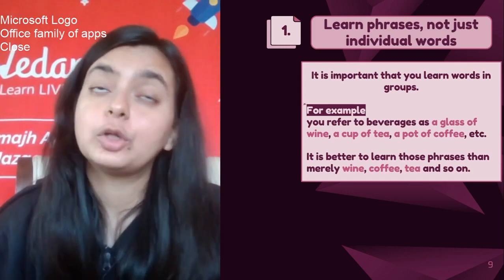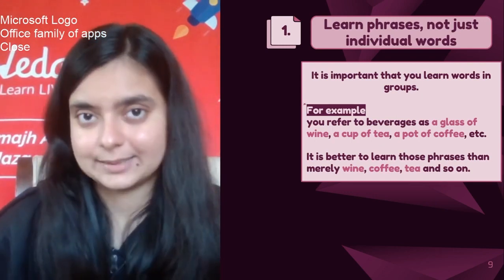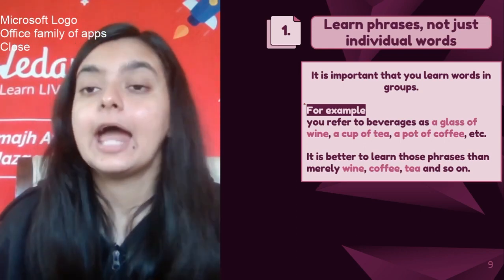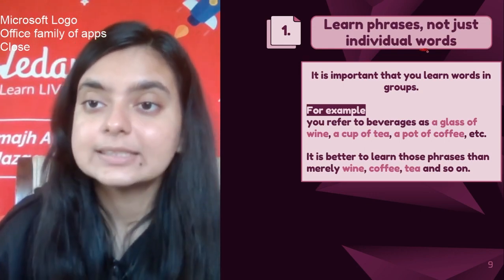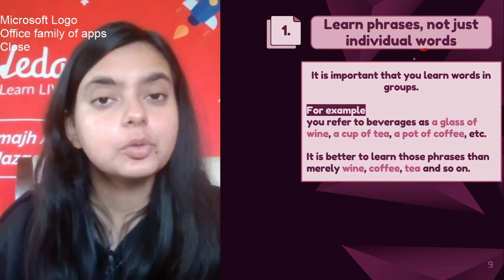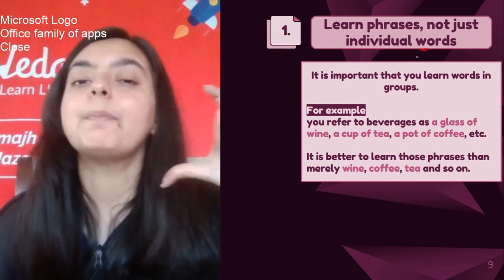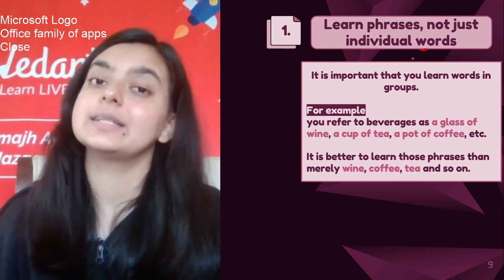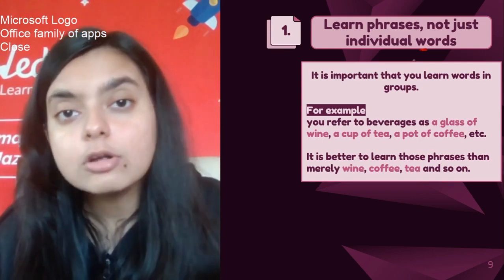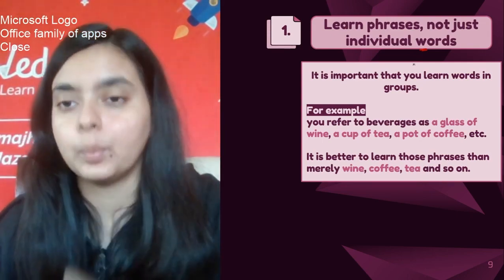If you remember, I had told you that you should collect words, find out their meaning and use them in sentences, right? Now, when you collect words, you should not do it randomly. What should you do? While you read a paragraph, I told you this earlier as well, read a paragraph and out of that context, you take out a word.